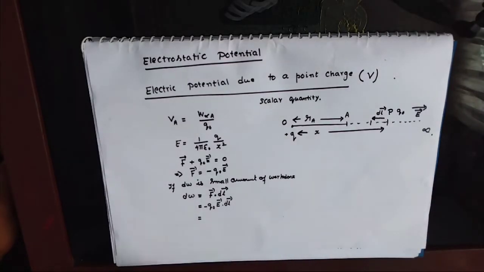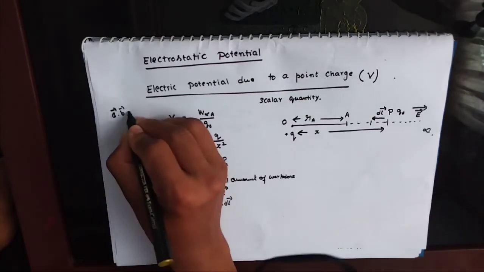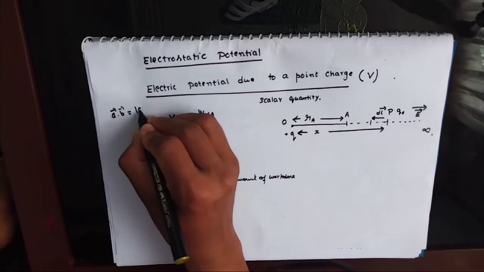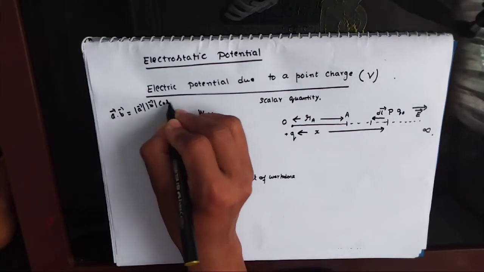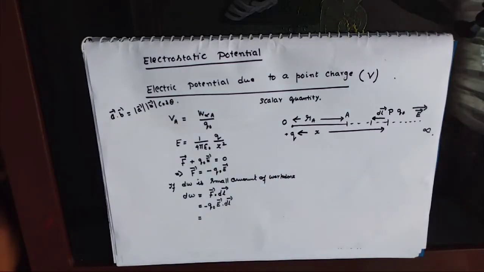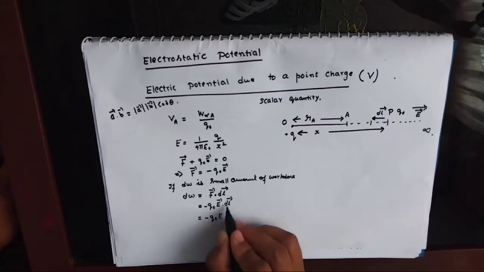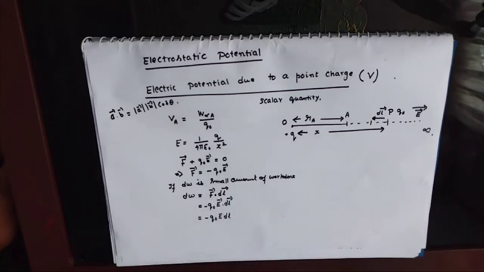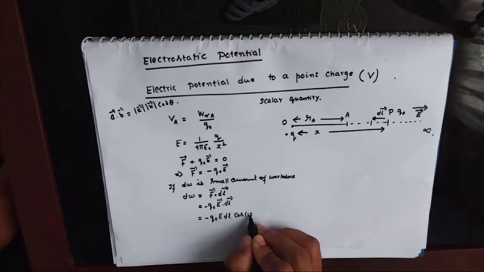As we know, if we have two vectors A dot B, then what is A dot B? It is mod of A, mod of B, then cos of theta. Here theta is the angle between the two vectors A and B. So this can be written as minus Q naught, then mod of E is simply E, mod of dl is simply dl, then cos of the angle 180 degrees.